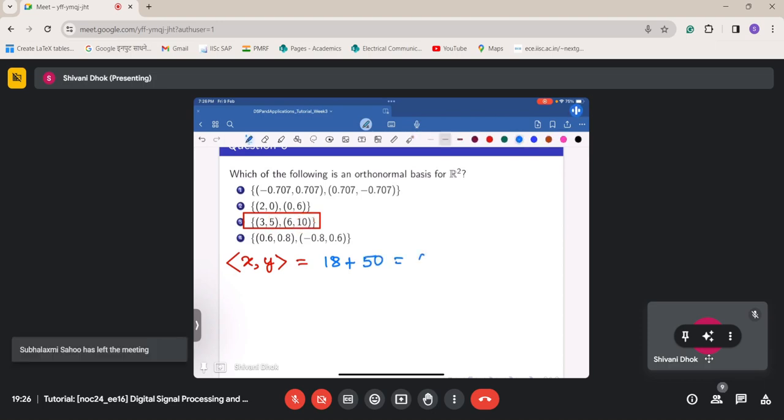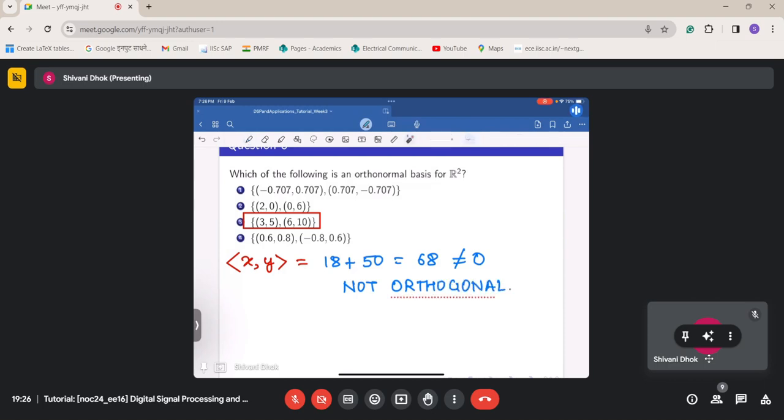So this is 68, which is not equal to 0. So these are not orthogonal. Since they are not orthogonal, no need to check for norms. So this thing is again not an orthonormal basis.